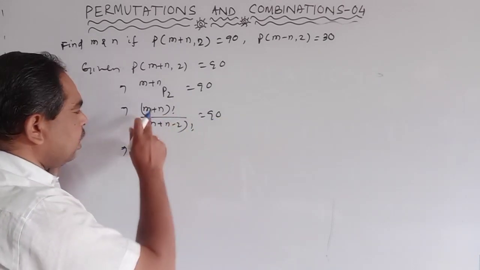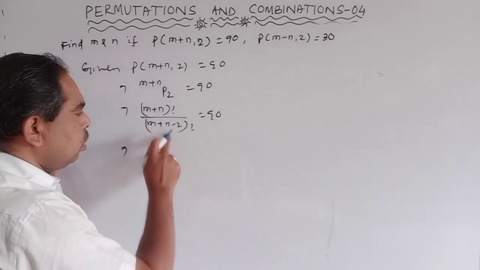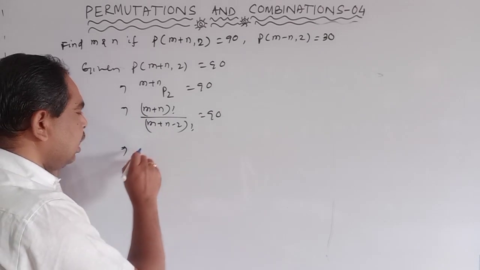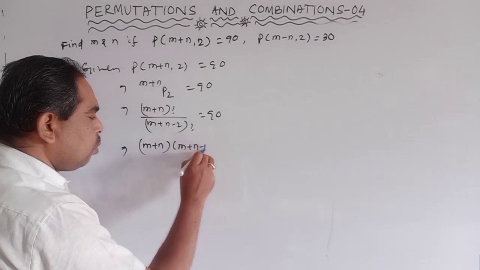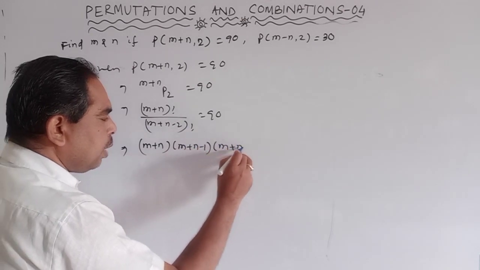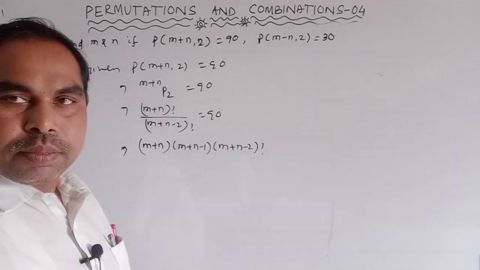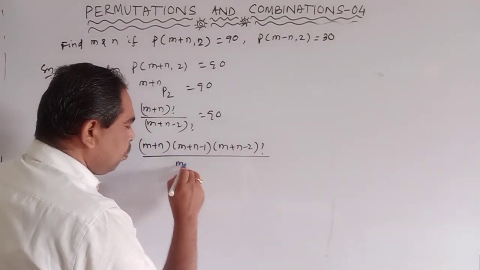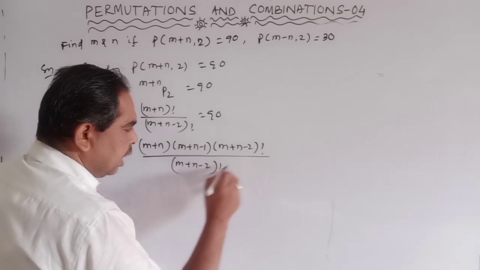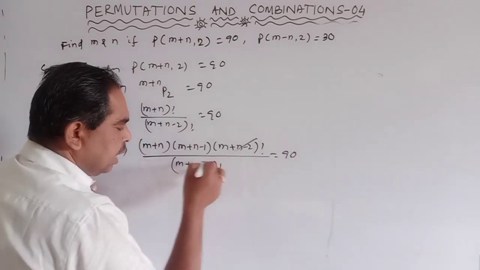So here m plus n is greater than m plus n minus 2. So expand m plus n factorial. This is m plus n into m plus n minus 1 into (m plus n minus 2) factorial divided by (m plus n minus 2) factorial is equal to 90. So cancel this.